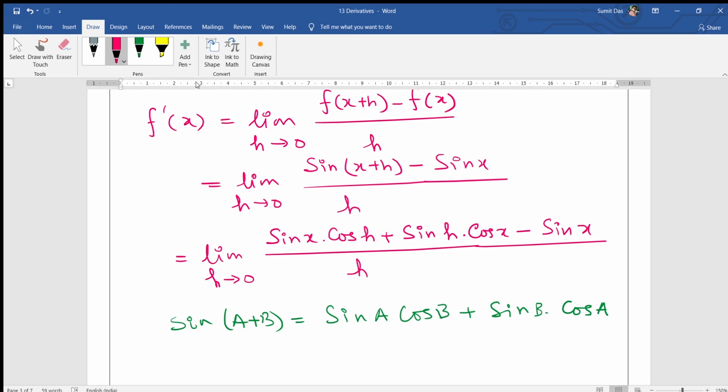Oh, sorry. We will not use this formula. We'll use a different formula. Wait. This formula will not help you. We'll use this formula.